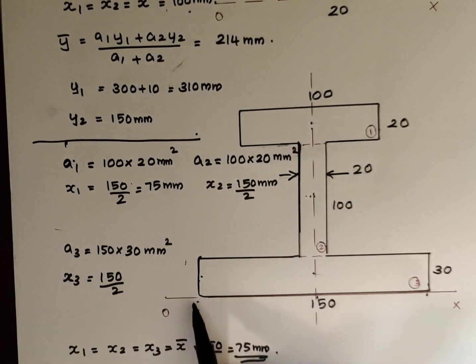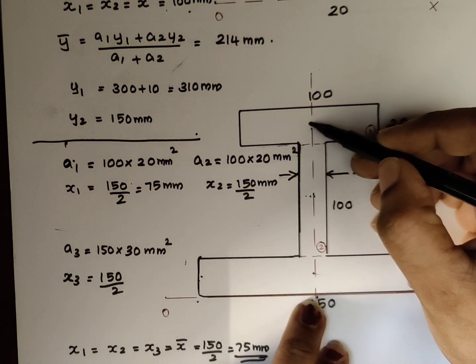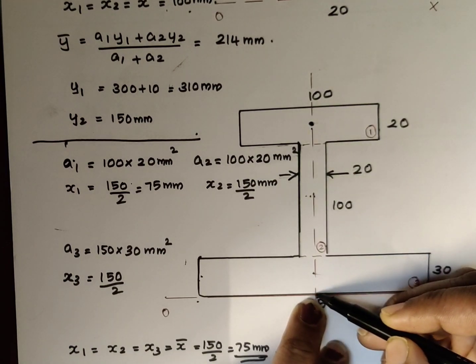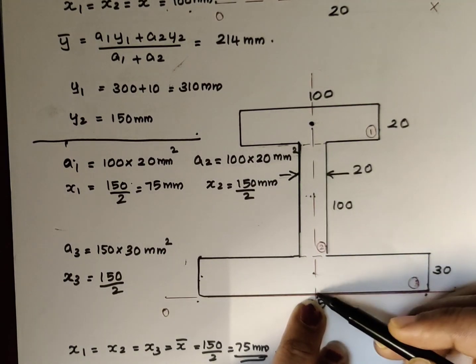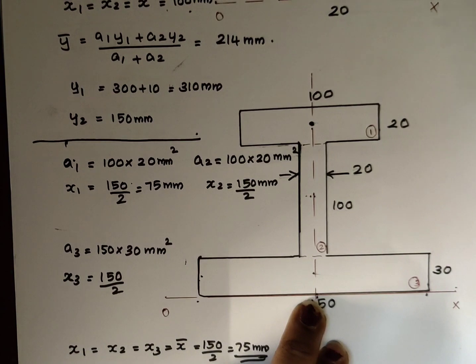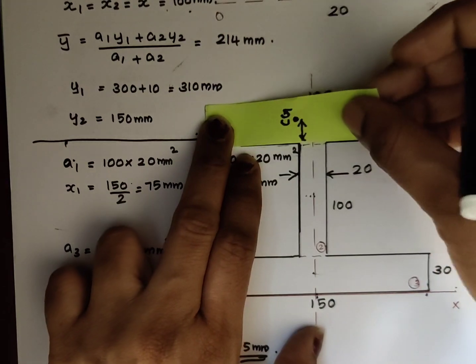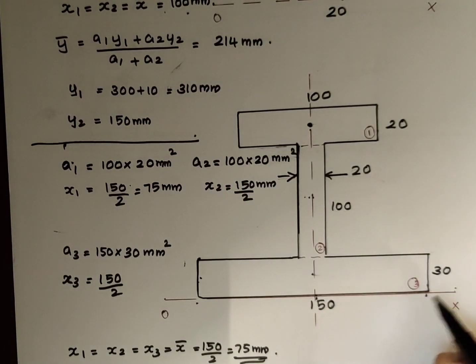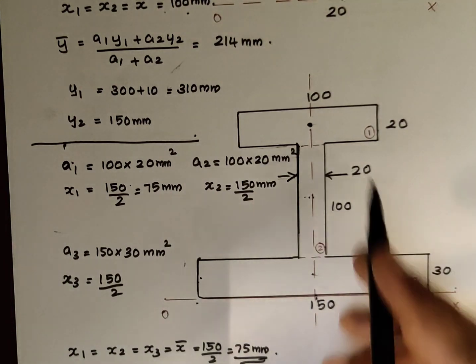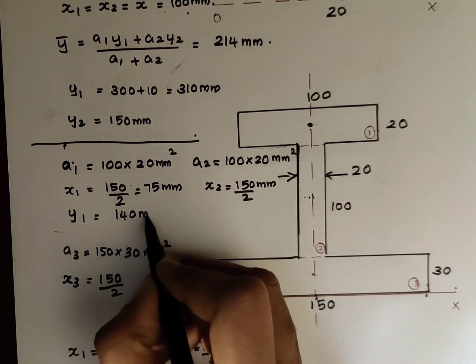So the next step is you have to calculate y1, y2 and y3. For that you have to take this as the reference axis. So you have to measure y1, that is the distance from the centroid of the first rectangle to the x-axis. So this distance is 30, this is 100 and this length is equal to half of 20, that is 10. So 100 plus 30 is 130, plus 10 is 140. y1 is equal to 140 mm.